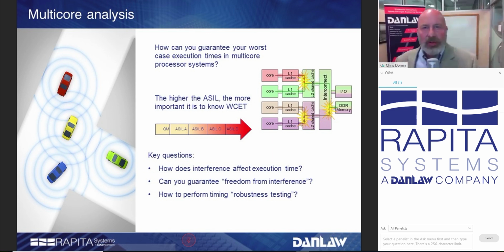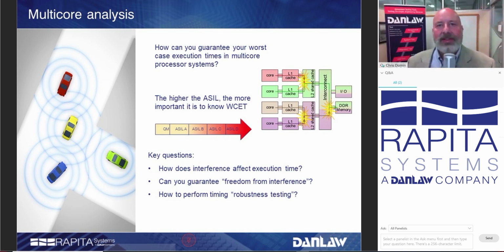The second approach, which is fairly common, is that some folks extrapolate worst case execution time from single core processor environments and then hope for the best. So what this means is you run some code on a processor, you try to figure out what the basic utilization is, and then you just estimate what it might do in a multi-core processor environment.